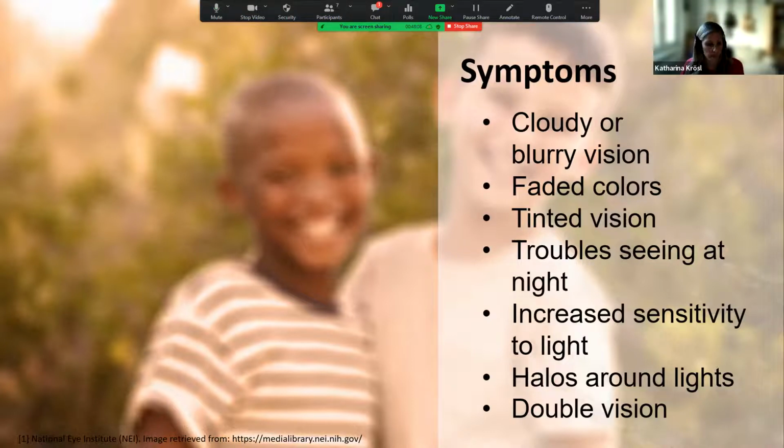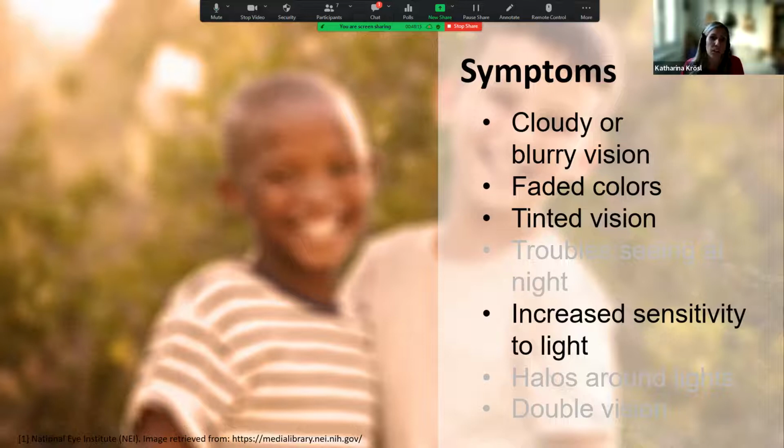And we worked with ophthalmologists who are experts in the field. And we concentrated on the most common cataract symptoms, because different people experience different symptoms. But the ones that are here in black, these are the most common symptoms that most people with cataracts experience.